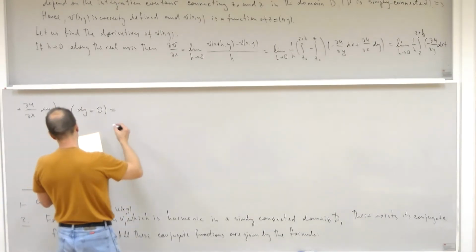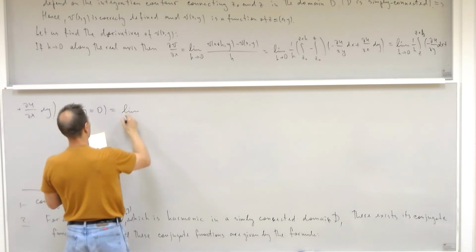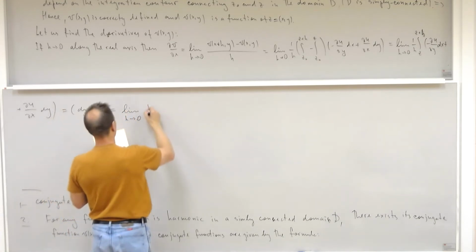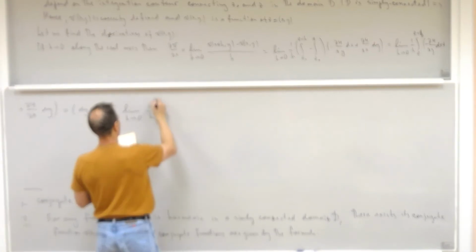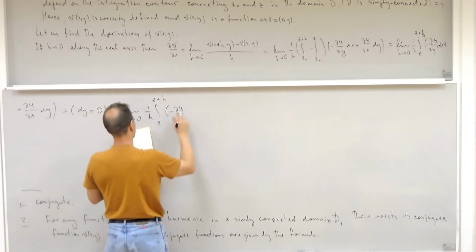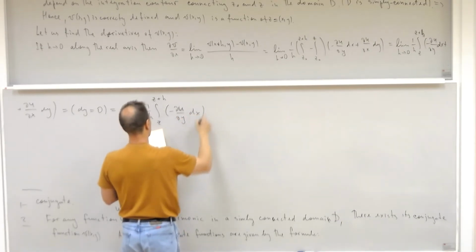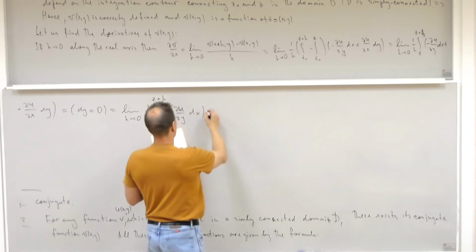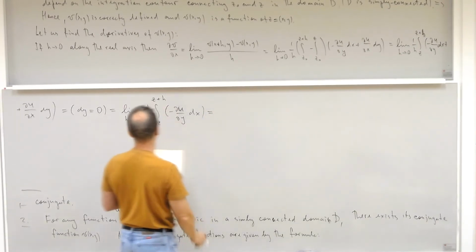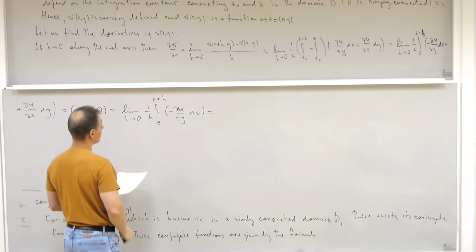Then we use the fact that h tends to 0 along the real axis, so y is equal to 0. That is, the integration contour is parallel to the real axis, so y doesn't change.